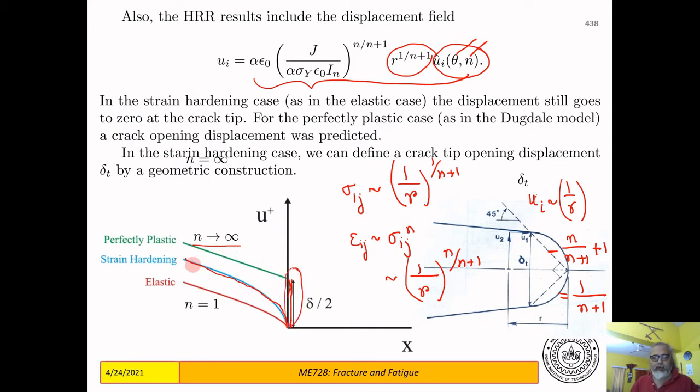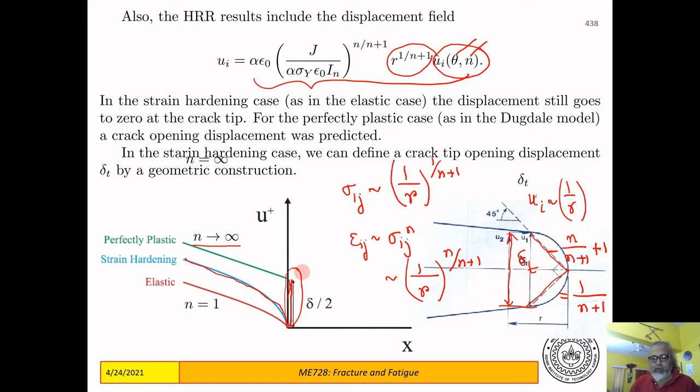For the perfectly plastic case, which corresponds to n tends to infinity, you have a jump in displacement, you have crack blunting. Here you don't have a crack blunting per se. The displacements do go to zero at the crack tip, like in the elastic case, but you can define a blunting, and this is what is generally done when you look at a crack tip. You can define a blunting by subtending two lines at 90 degrees from the tip of the crack where the displacements are zero, and these cut the crack flanks at 45 degrees, and then this distance delta t is taken as the crack opening displacement.